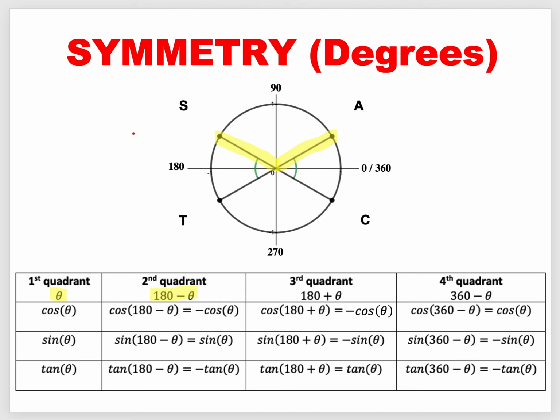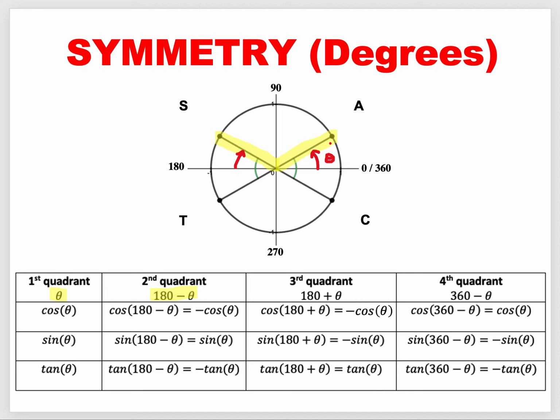So basically what we're talking about on this diagram is that if this first quadrant angle is theta, well, that's the same angle as what we're talking about over here. So there's a bit of symmetry involved, and hence the big title on this slide that says symmetry.